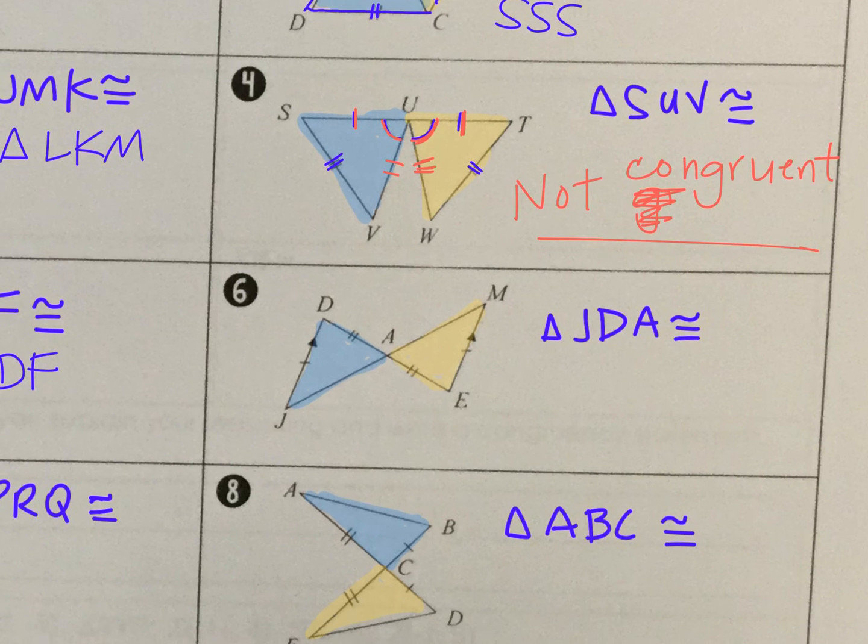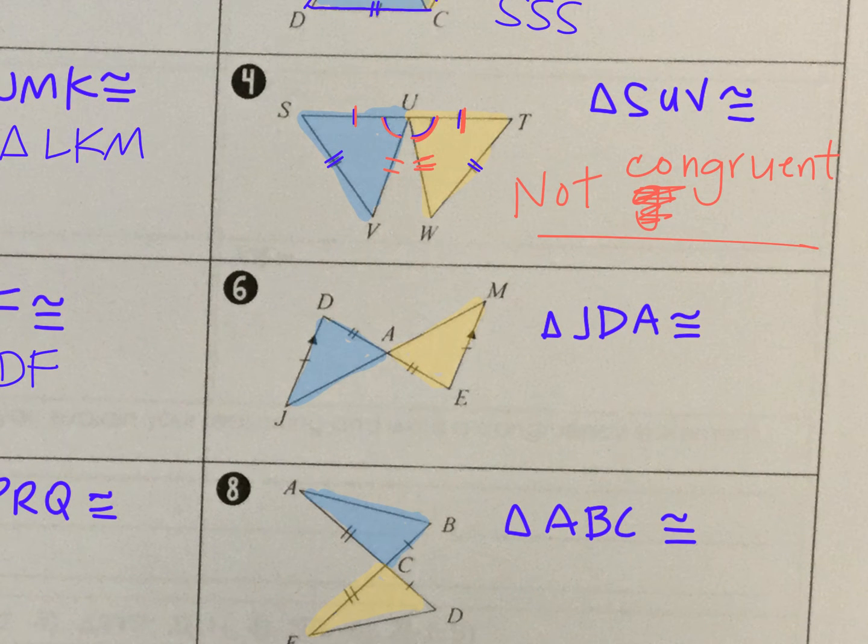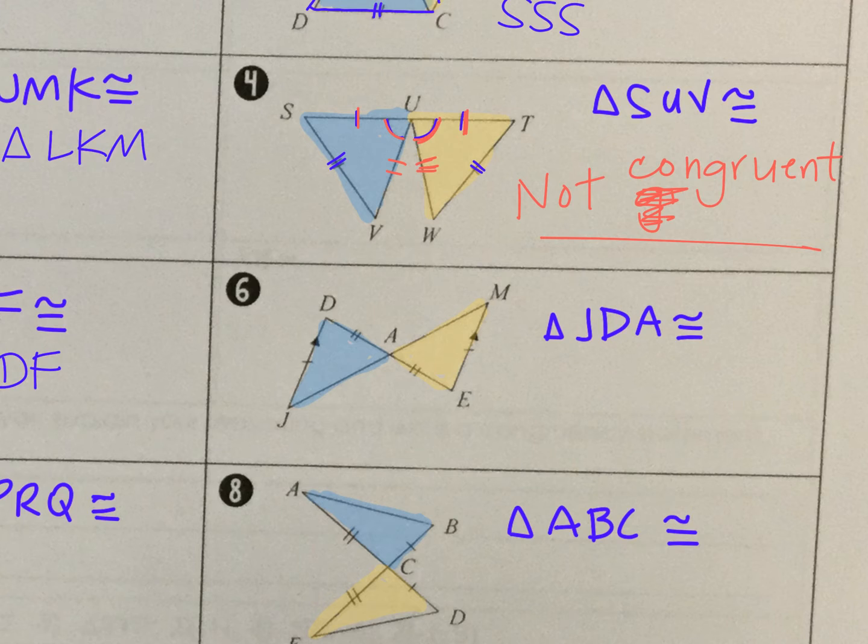Okay. All right. So I have vertical angles, and I can mark those, but now I have an angle, side, side. And we cannot have any of those in math, so let's not mark that. All right.